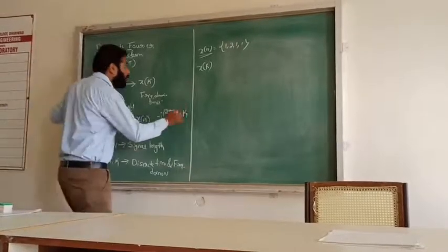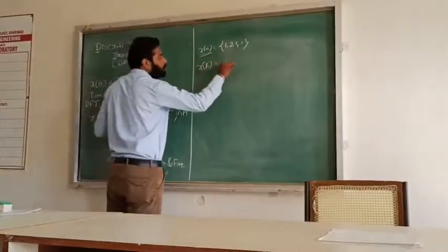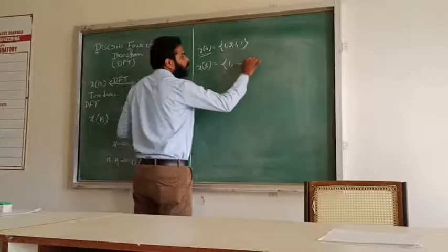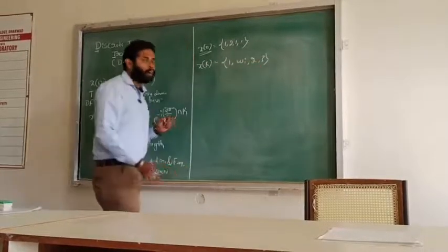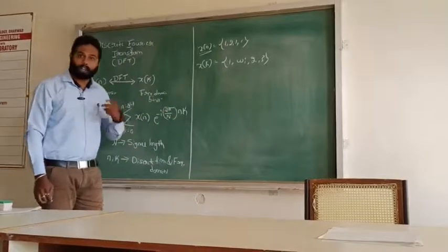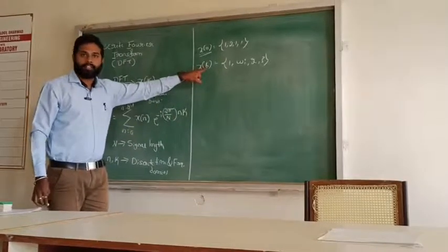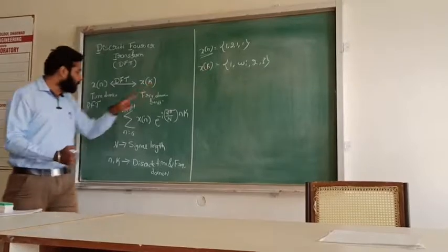Suppose x of k is given, for example x of k is given as 1, omega I, 2 and 3. Now, if we are asked to find the transform, that means we need to find x of n.